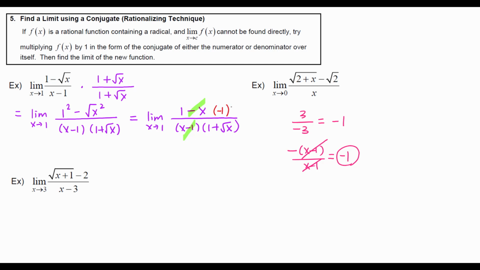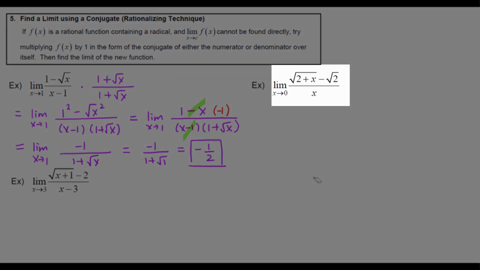So now this is equal to the limit as x approaches 1 of negative 1 over 1 plus radical x. So now you get to plug 1 for x, and your limit is now equal to negative 1 over 1 plus radical 1, and radical 1 is 1, so you get negative 1/2. So you found the limit.